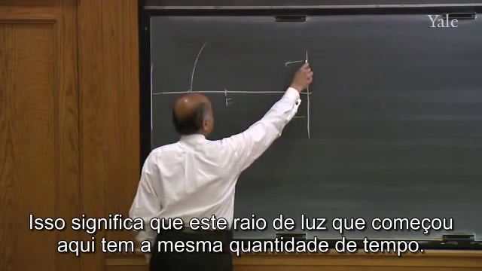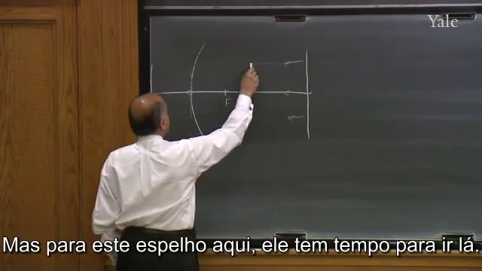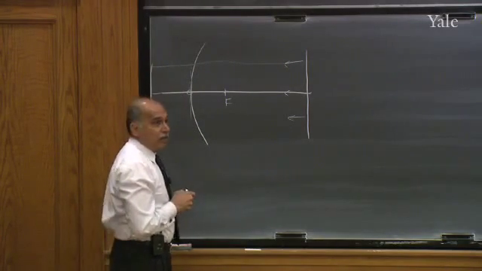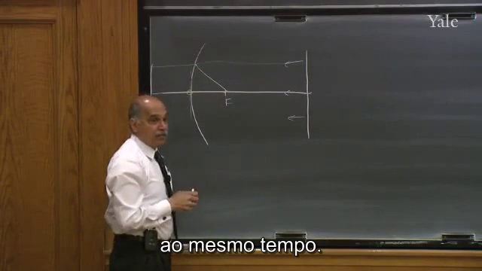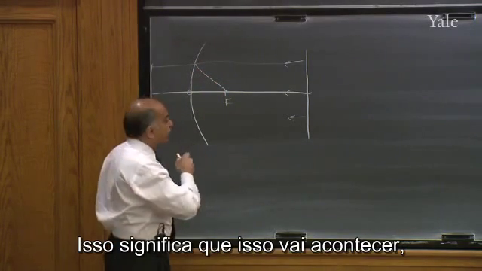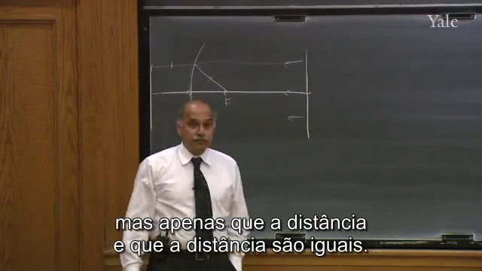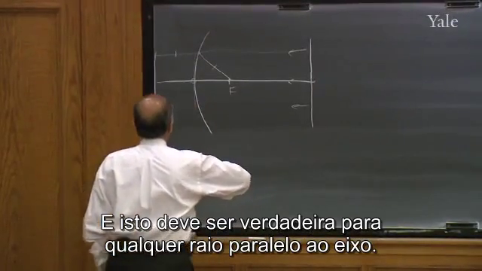That means this light ray, which began here, has the same amount of time. See, but for this mirror here, it's got the time to go there. But you want it to hit the mirror and come here in the same time. That means it will happen only if that distance and that distance are equal. And this must be true for any ray parallel to the axis.